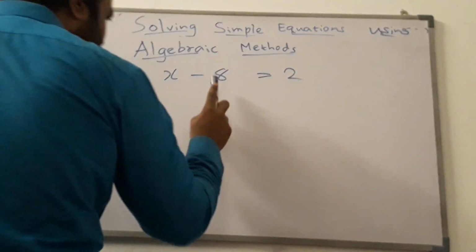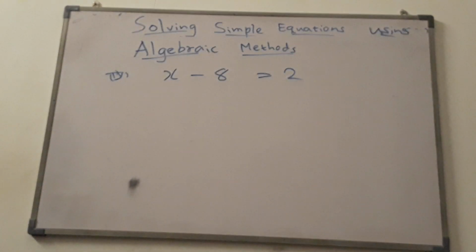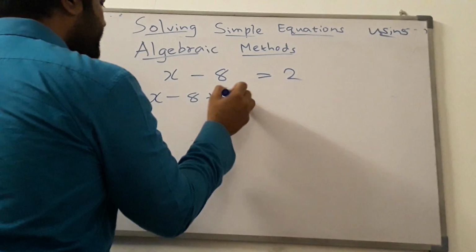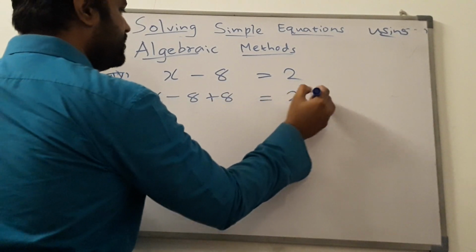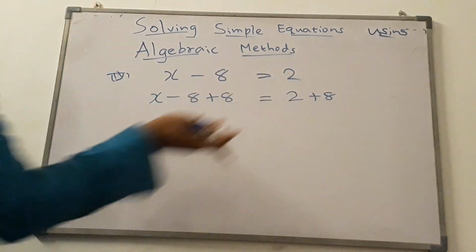So to remove minus 8, we have to do the opposite. That means we have to add plus 8. Hence minus 8 and 8 get cancelled out. Here also we have to add 8 to right hand side, because we have to do the same thing which we have done to left hand side as well.